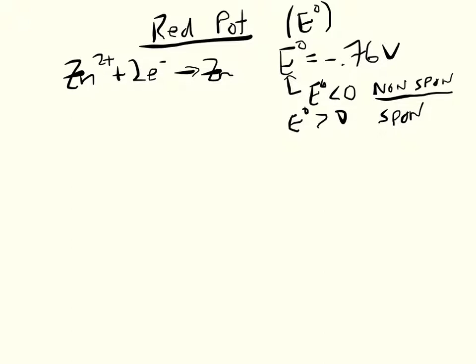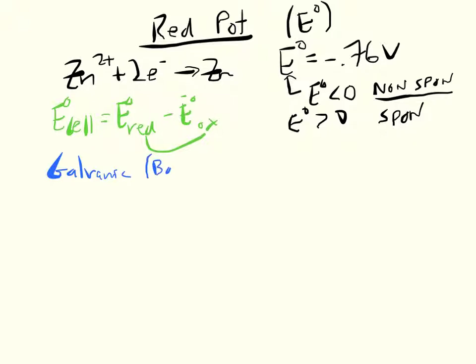And we can do that by mixing 2 half reactions together to get E0 of the cell. And remember, E0 of the cell is calculated by measuring E0 of what is getting reduced minus E0 of what is getting oxidized. And the way to remember that is just the word redox in order. This usually occurs in a galvanic cell, which is just like a battery.